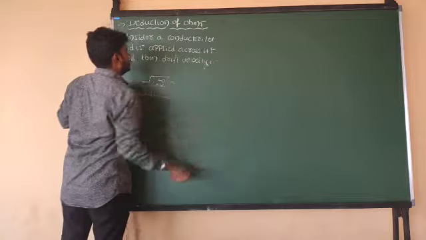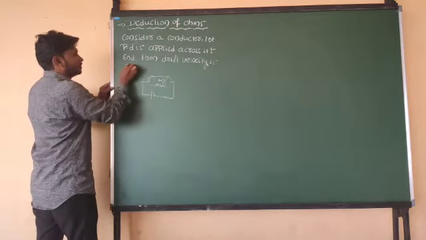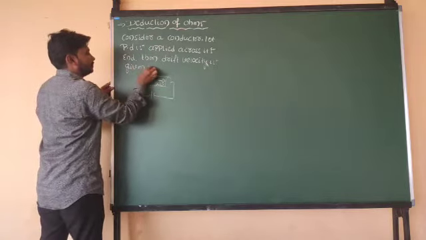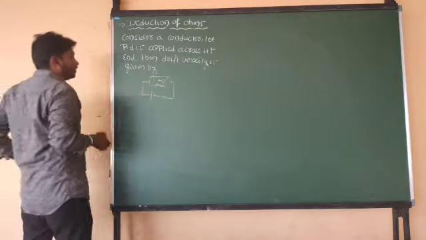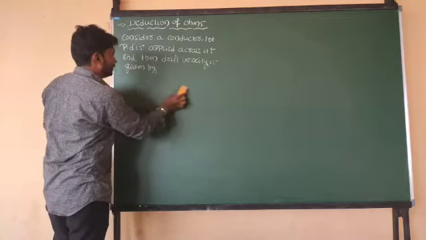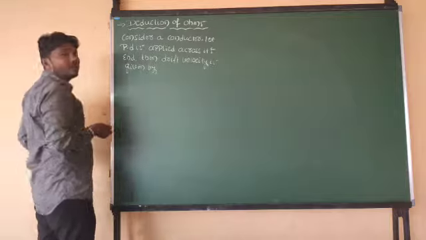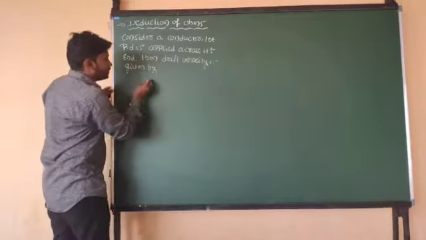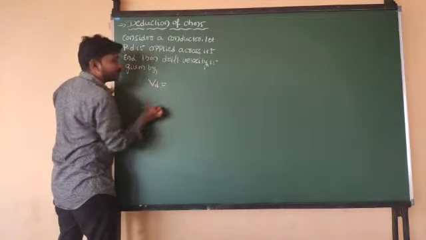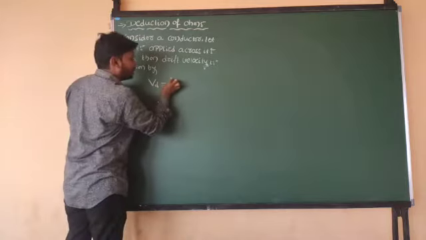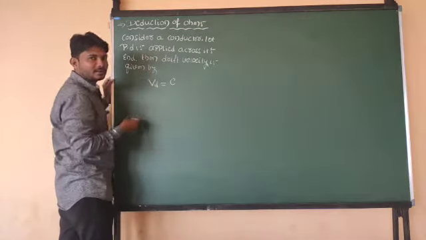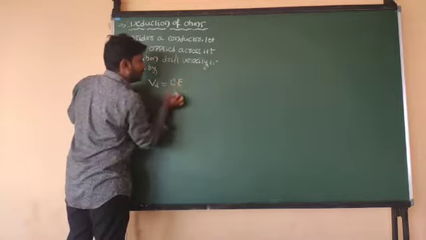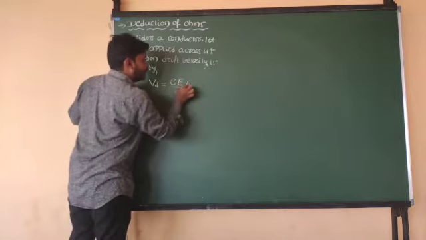the drift velocity. We already derived the expression for the drift velocity. What is the mathematical expression we got for the drift velocity? Can anybody remember? V is equal to, if I take the magnitude and neglect the sign, capital E into e divided by m into tau.